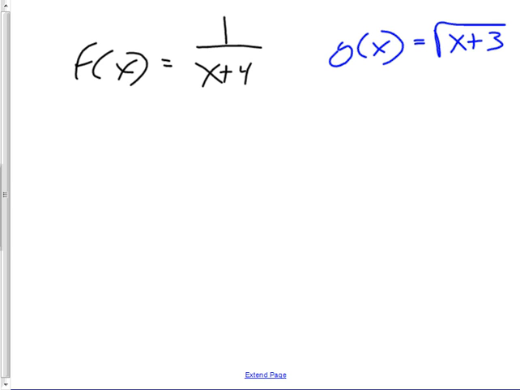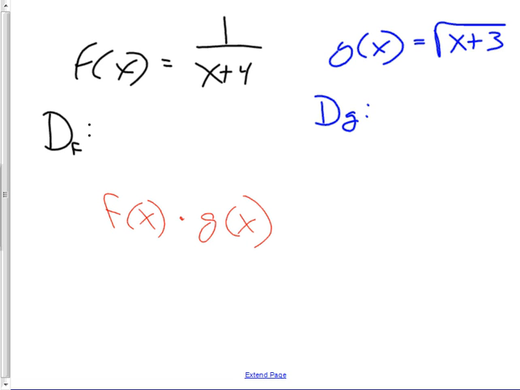I'd like you to figure out the domain of f. We're going to call that d sub f, the domain of f. I want you to figure out the domain of g. Then I'd want you to figure out what is f of x times g of x and the resulting domain.